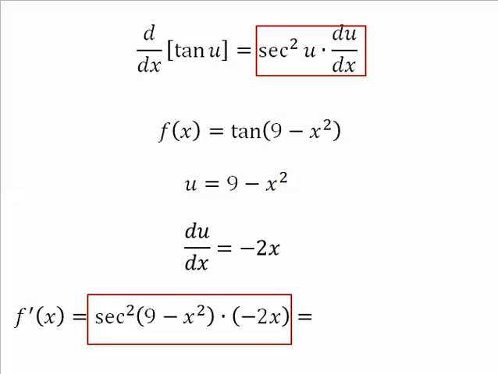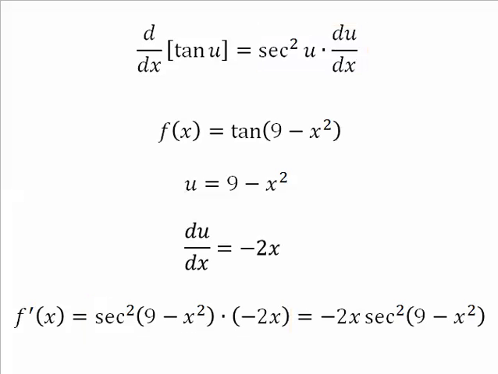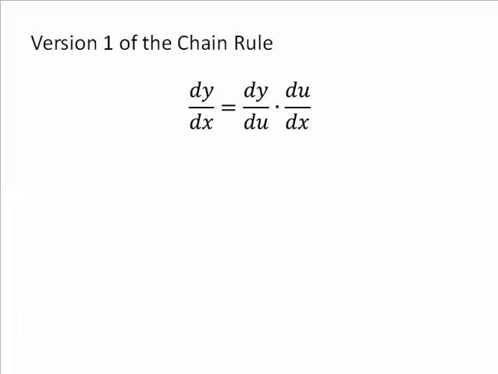Using my general chain rule, the derivative is equal to secant squared of the inside times the derivative of the inside. And then, of course, it's better if you bring that negative 2x to the front and rewrite it this way.